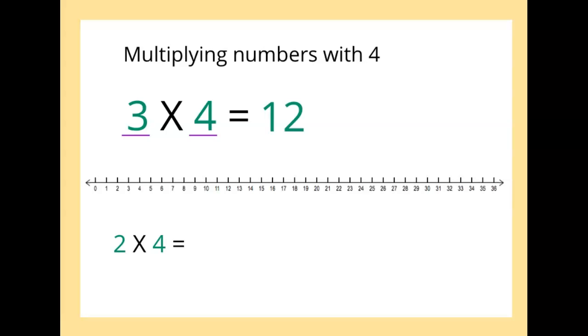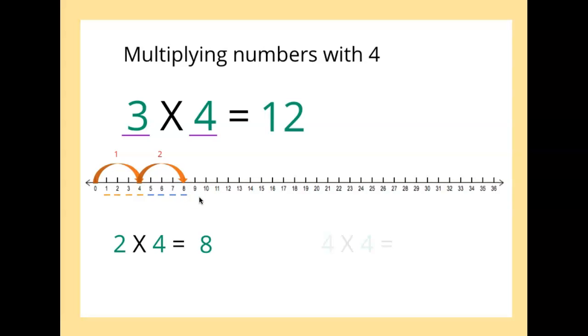So we are jumping 2 times in the patterns of 4. 1, 2, 3, 4, jump. 1, 2, 3, 4, jump. So we jumped 2 times in the patterns of 4, and the answer is 8.